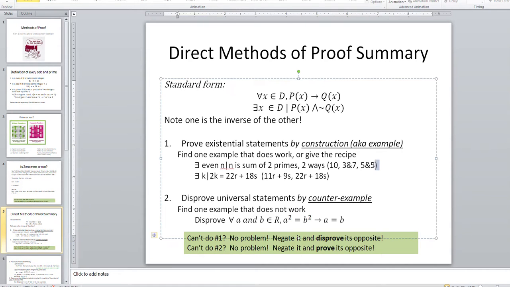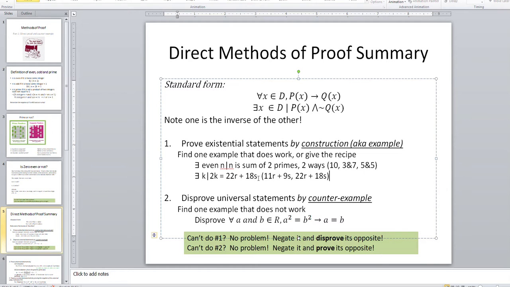And this is the sort of notation that you'll be using in Cengage, where you have a statement in brackets that makes it true. This is basically the truth set for this statement. Or it'll be in domain and codomain form in this one. So this is a way of giving the recipe. You don't necessarily need to find a specific instance of R and S where this works, but it's relatively easy to demonstrate that this is twice the sum of 11R plus 9S.